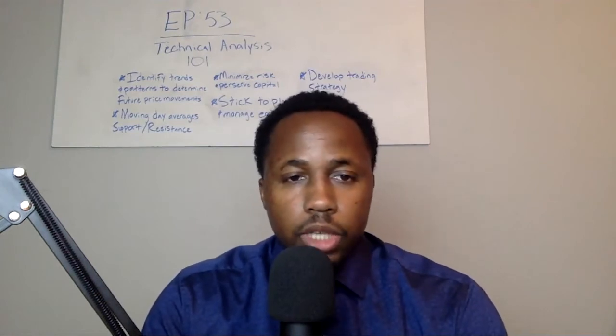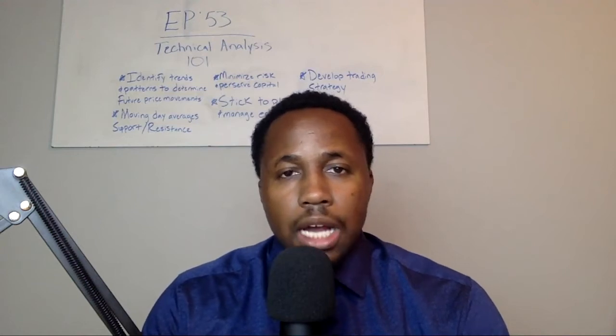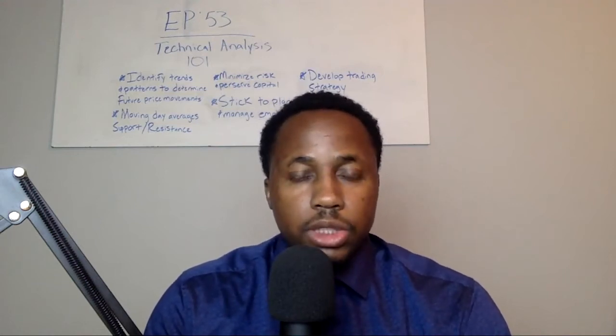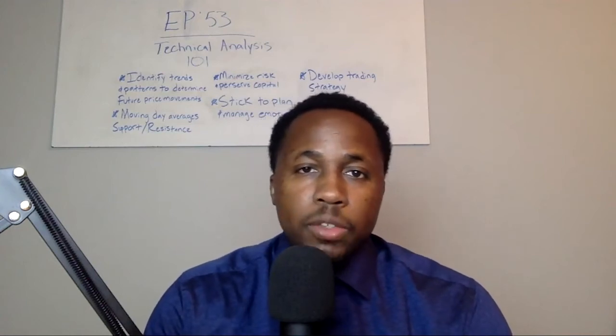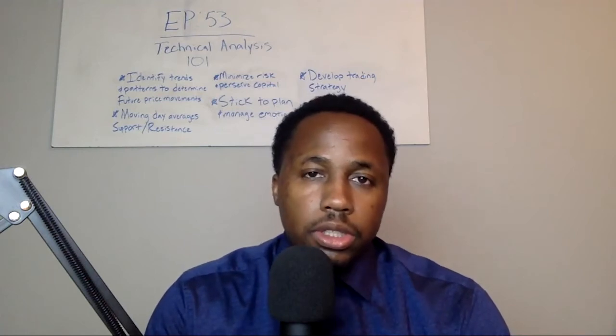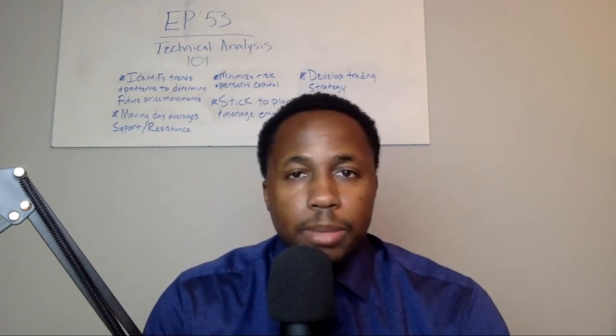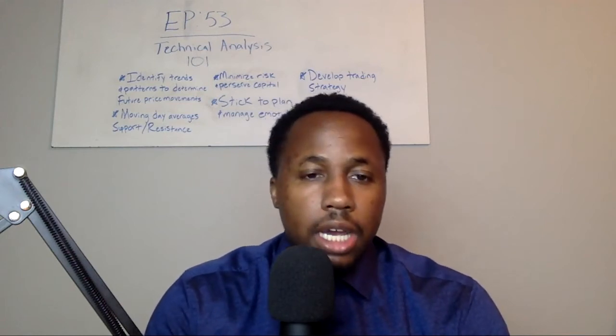Now, I did want to explain for those that may be hearing about stocks, cryptocurrency, or forex for the first time. A stock is essentially when you own shares in a company, such as Apple or Google, for example. And cryptocurrency, they're digital assets that are based on a decentralized network that uses blockchain technology.